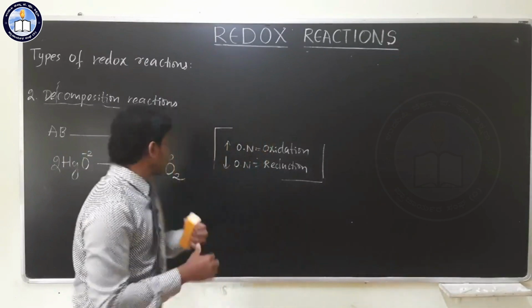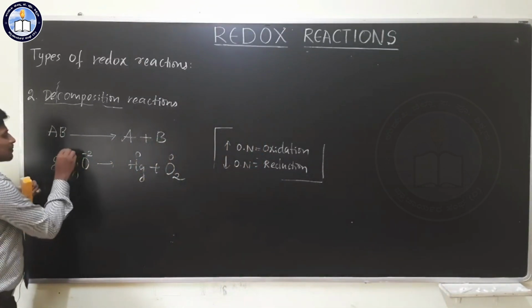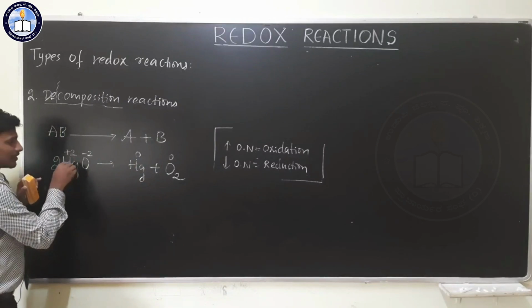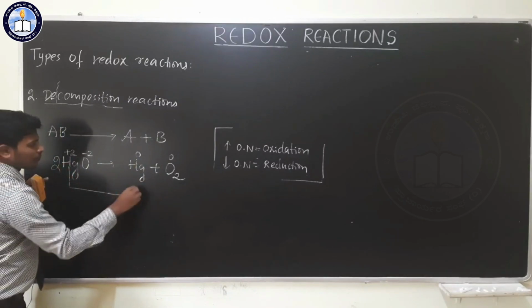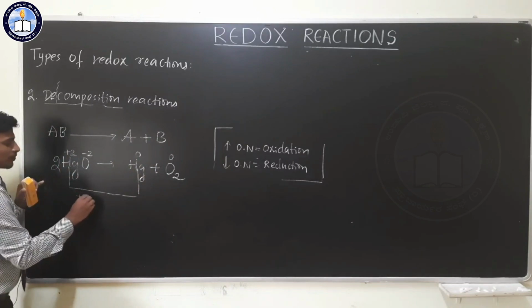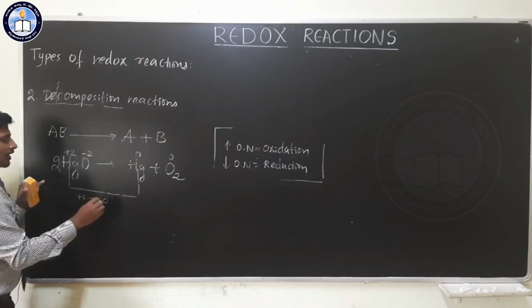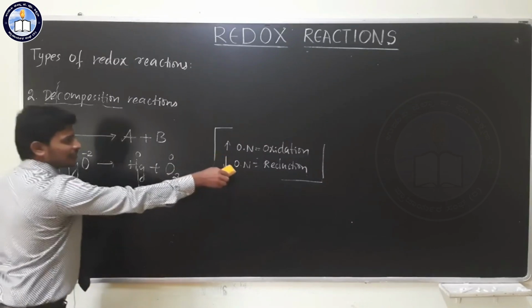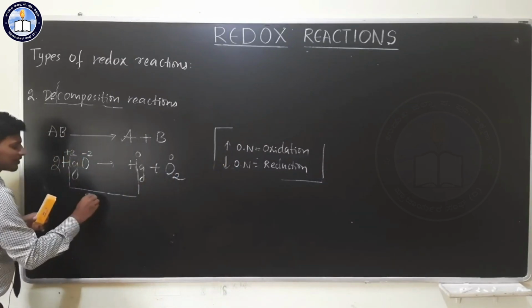Then what about this one? This is +2. So you can see that Hg +2 to 0, +2 to 0, that is what? Oxidation number decreased, hence oxidation number decreased means it is known to be reduction.